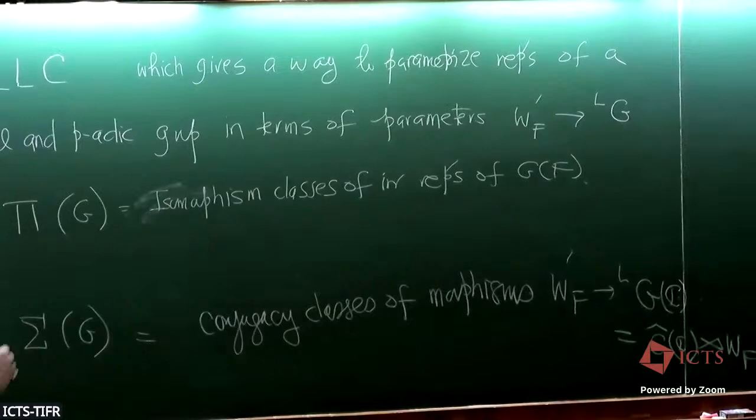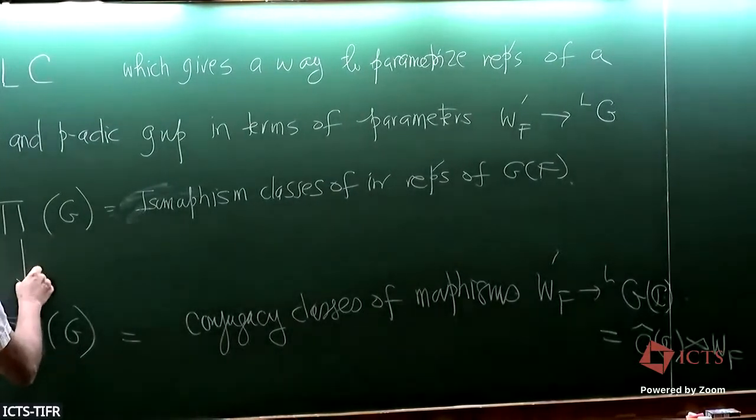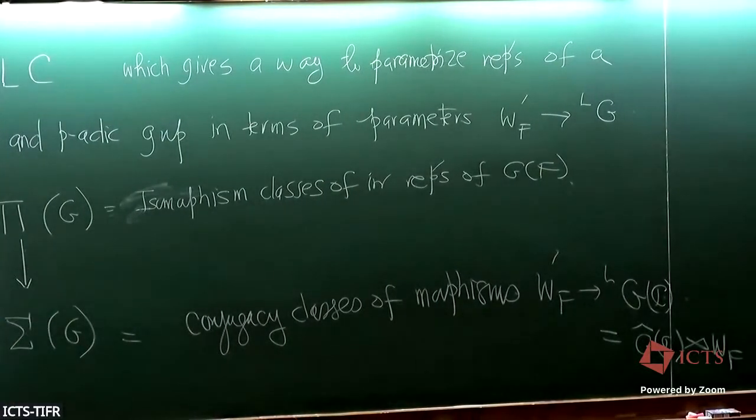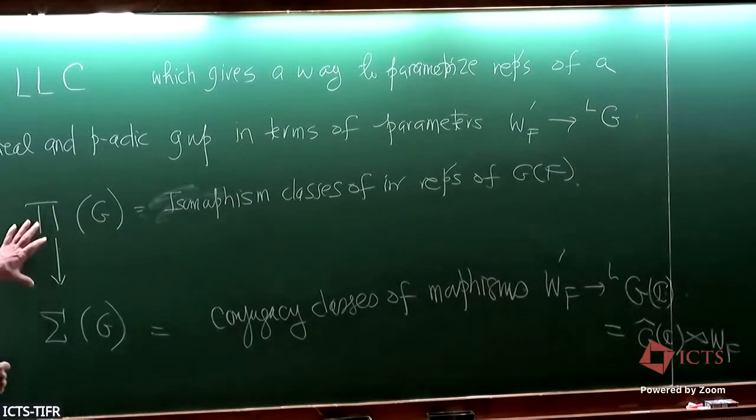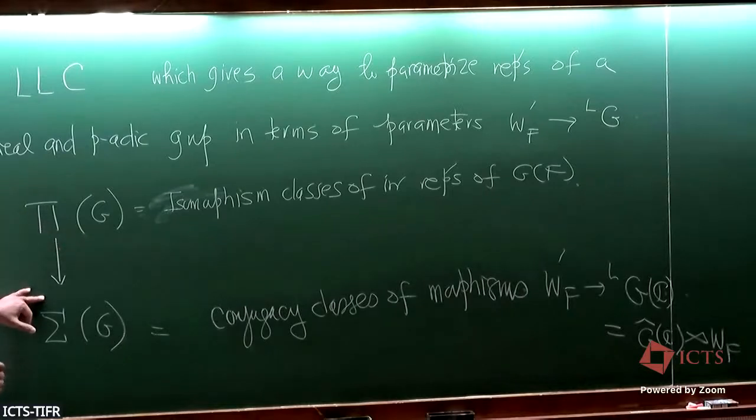And what the local Langlands correspondence says is that to every representation there is a parameter, and somehow it can be refined to make a bijection of these two sets. So that is called the refined local Langlands correspondence.